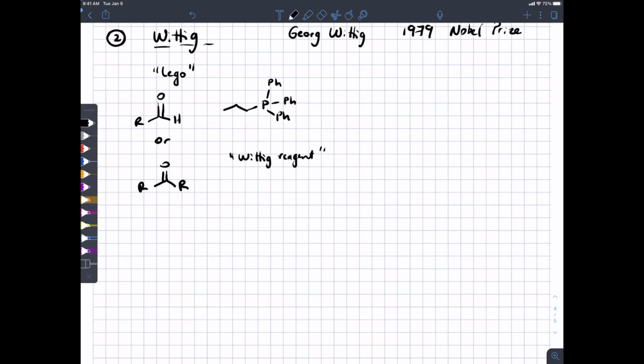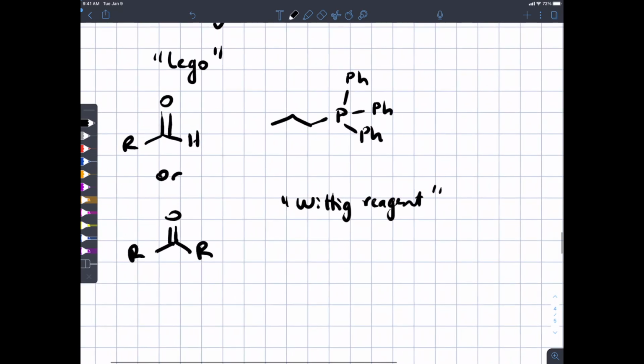And because phosphorus is from the same row of the periodic table as nitrogen, when phosphorus is bonded to 4 things, it has a positive formal charge. And the Wittig reagent also has a negative charge. The carbon adjacent to the phosphorus has been deprotonated and has a negative charge.